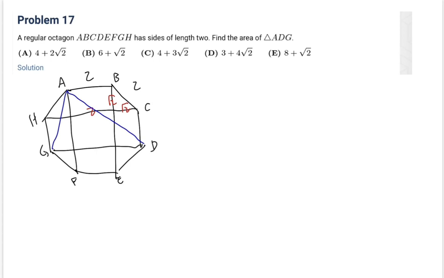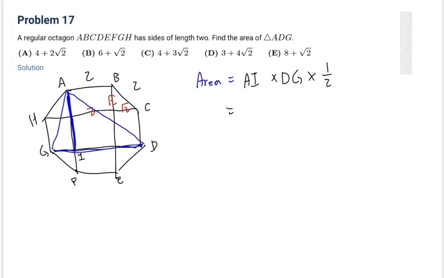And so to find the area of ADG, this will be this line. So let's say that this point is point I. So it'll be AI multiplied by this line, so it's DG multiplied by 1/2.